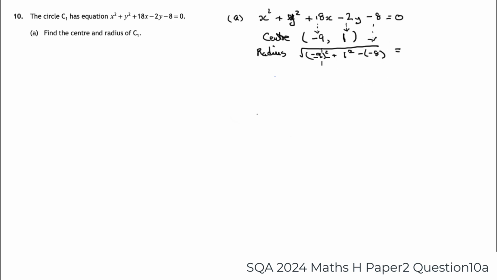So that's 81 plus 1 plus 8 under the square root sign. That's the square root of 90. Now that can be written as 9 times 10. Square root of 9 is 3, so that's 3 root 10. So that's part A. Let's now have a look at part B.